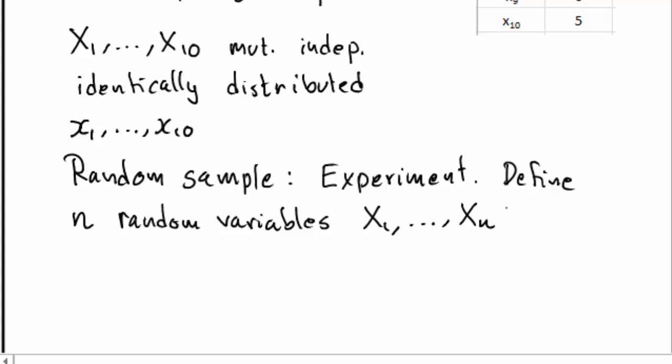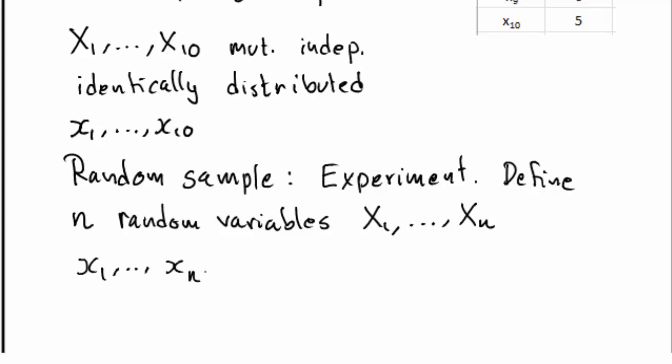The n numbers that these random variables will take after the experiment, small x1 through xn. We also use the word sampling process for the process of collecting the random sample. So when we actually toss the dice 10 times, we are doing a random sampling.